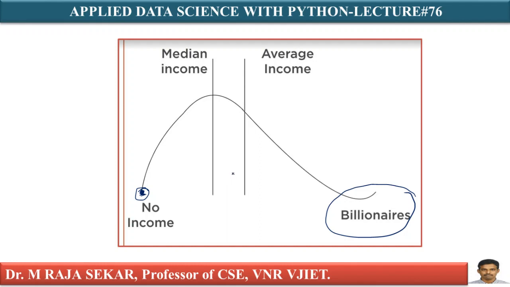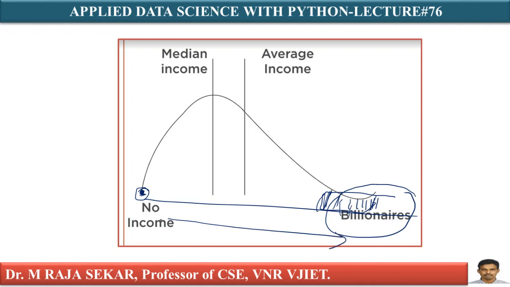Anybody can understand. Just see the number of billionaires. If you plot like this, what happens? The height is very small, which means in the world, the number of billionaires is very small. Why? Because here income is increasing. In lecture number 73, we were discussing marks, but instead of marks here I am taking income.